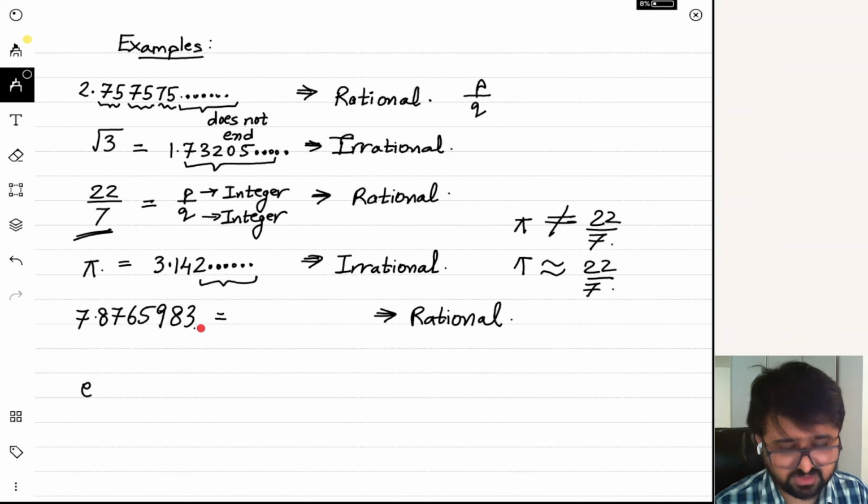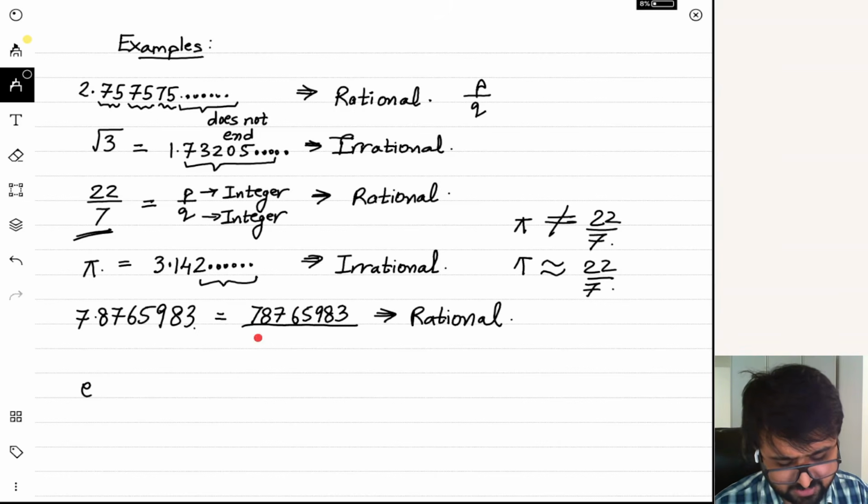because there is no non-terminating decimal here, because the decimal ends at this digit. There is no dot dot dot after this point. That makes it a rational number, and since it's a rational number, it can be written in the form of P over Q, which I can easily write as 7.8765983 divided by 1 followed by zeros.